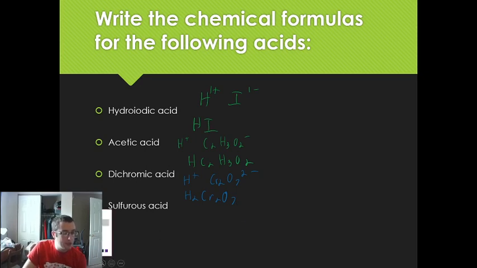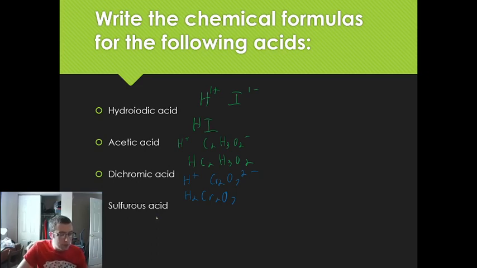Alright, and then the last one, let's do orange. So sulfurous acid. So remember, since this is a sulfur compound, it's going to be a little bit weird. So I know that it's not from the periodic table, because it does not start with hydro.